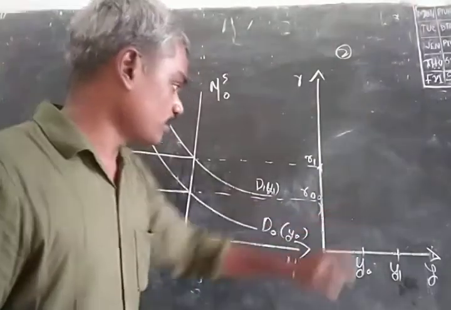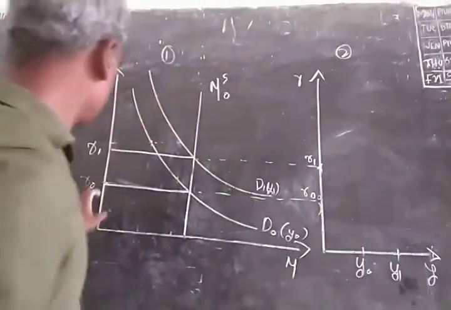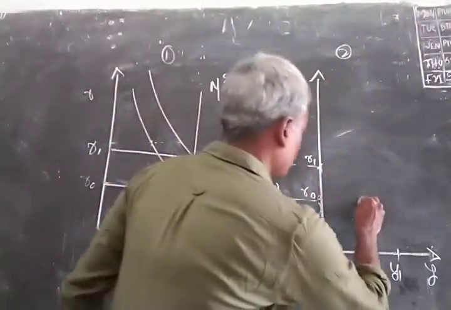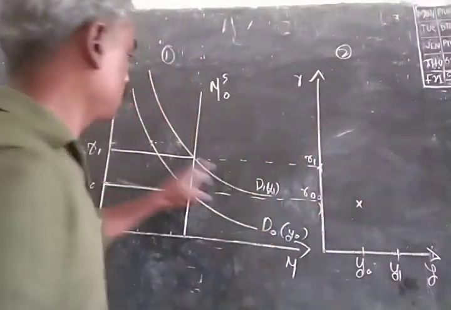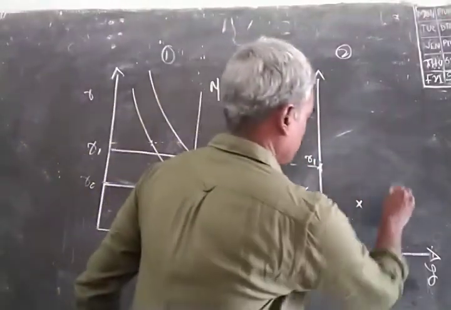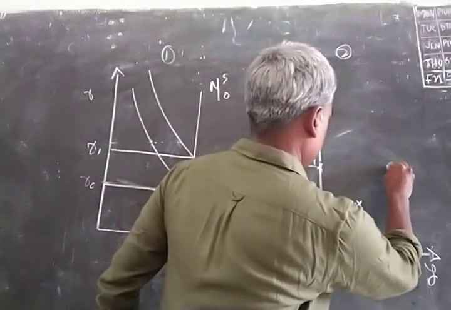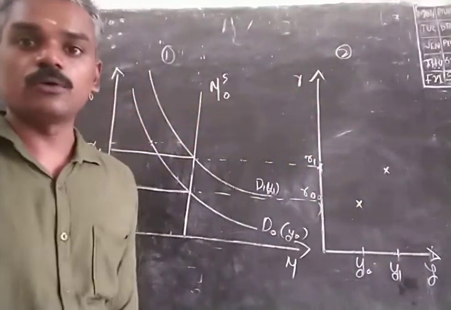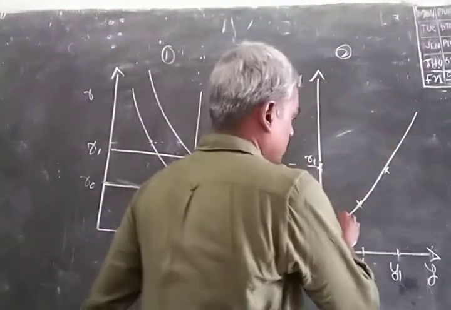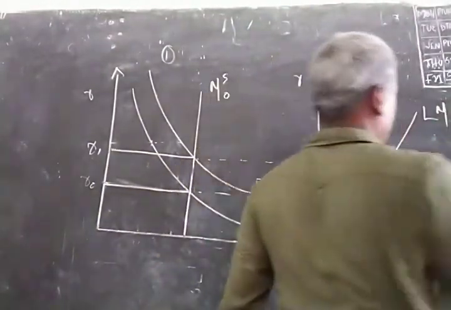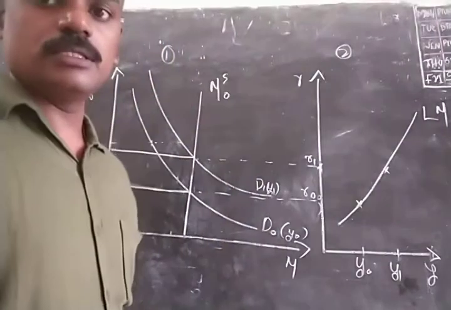So we plot this combination, R0 Y0, on the new graph. One point here, and R1 Y1 as another point here. So we have got two points, and when we connect these, we have the LM curve.